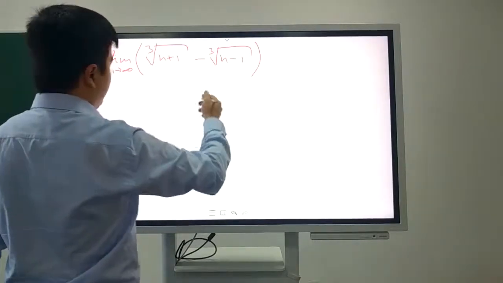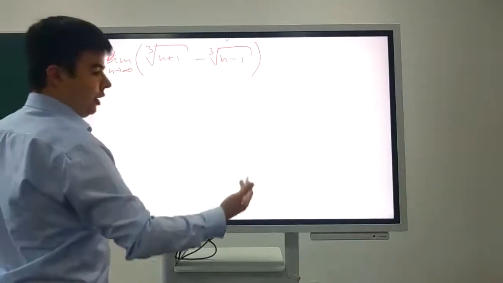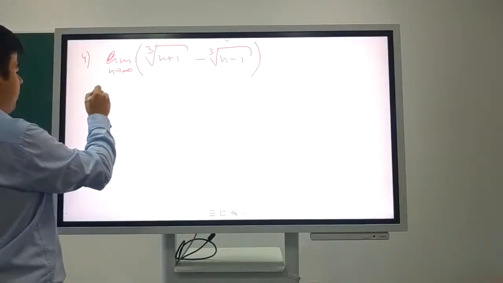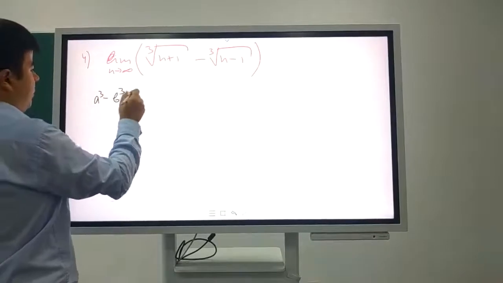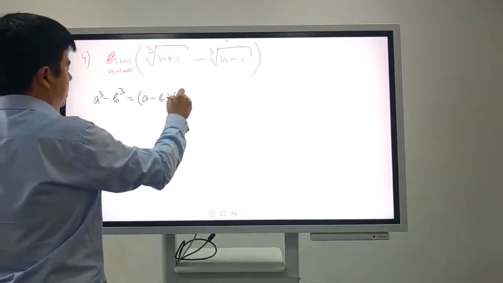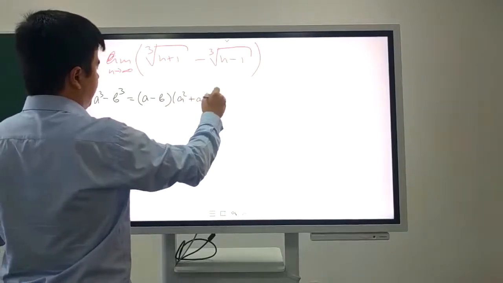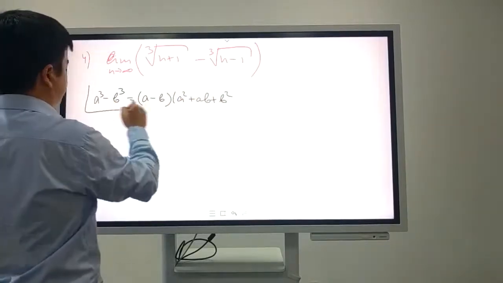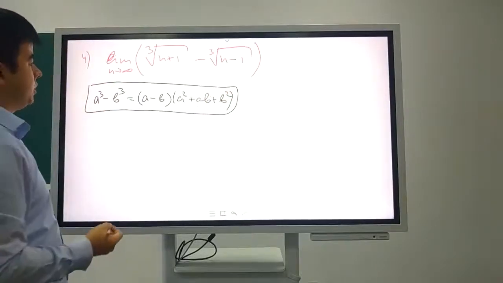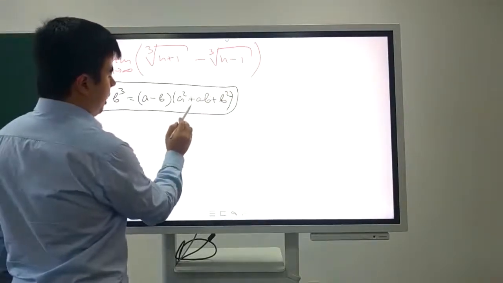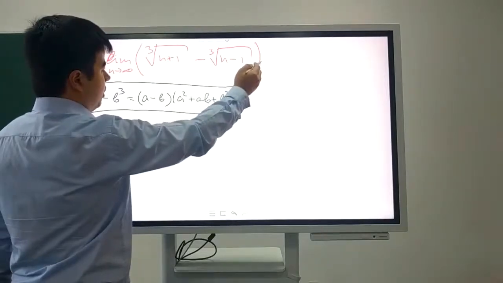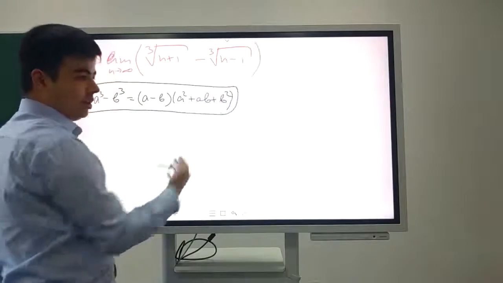To use this formula we need to compute the following. We have a cube minus b cube equals a minus b times a squared plus ab plus b squared. So, a short multiplication formula. Then we need to multiply by these brackets and divide by these brackets.